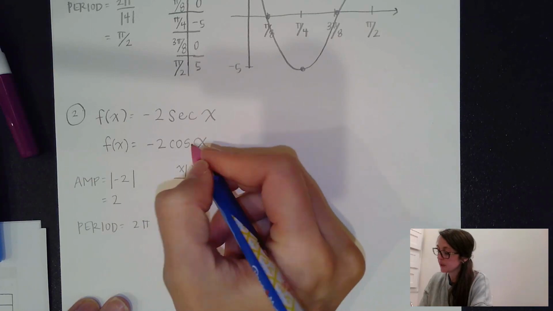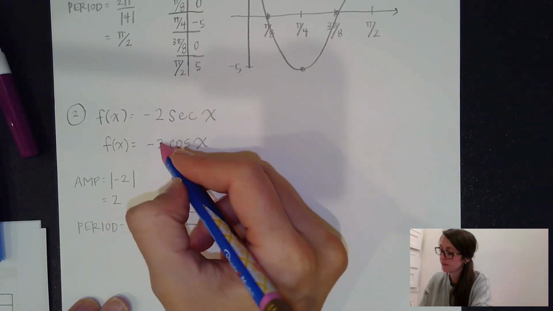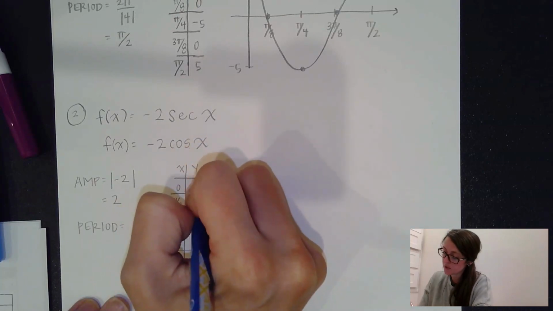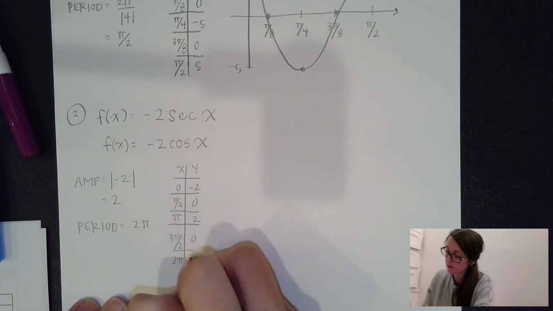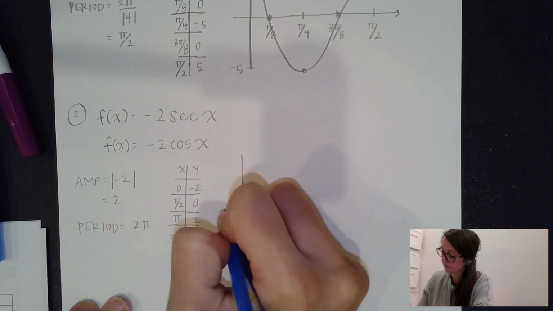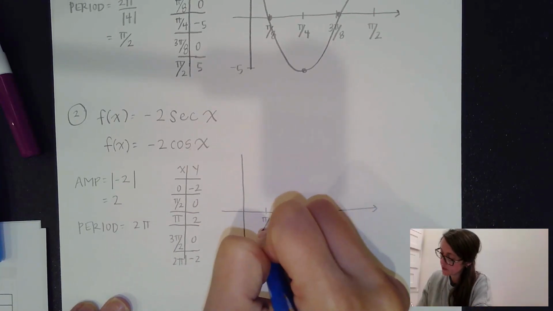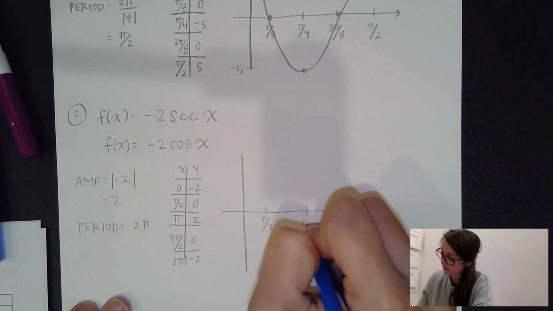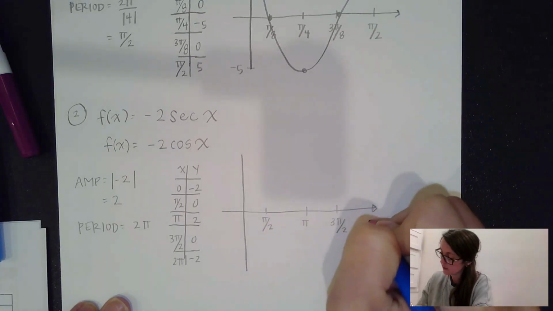So if I plug a 0 in here, cosine of 0 is 1. Well, 1 times a negative 2, so this is going to be negative 2, 0, 2, 0, negative 2. So we'll have 0, pi over 2, pi, 3 pi over 2, and 2 pi.